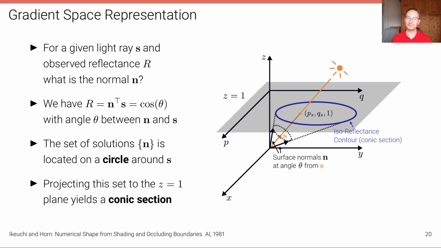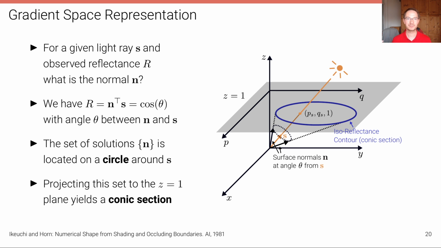The set of solutions N is located on a circle around S. So it's not unique. And projecting this set to the c = 1 plane yields this conic section. It's also intuitive why we don't have a unique solution here, because we just have a single observation, a single intensity that we observe, but there are two unknowns.